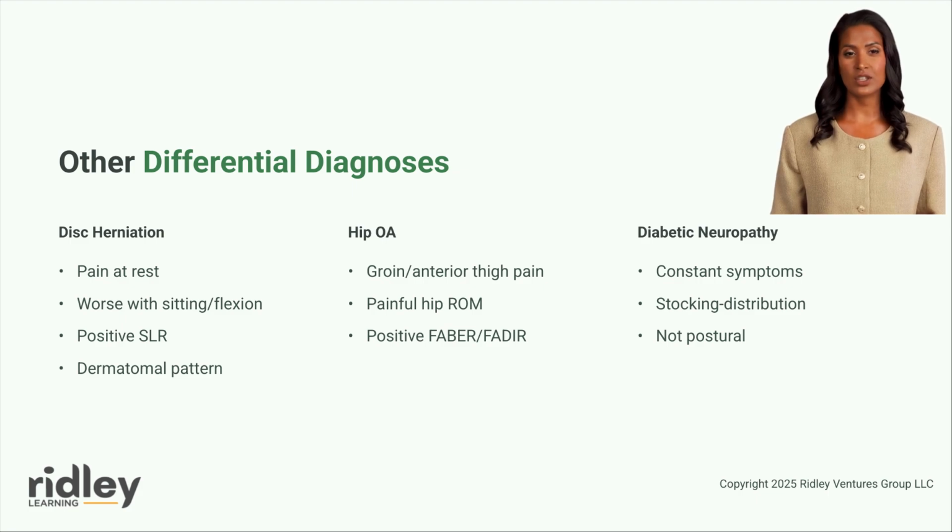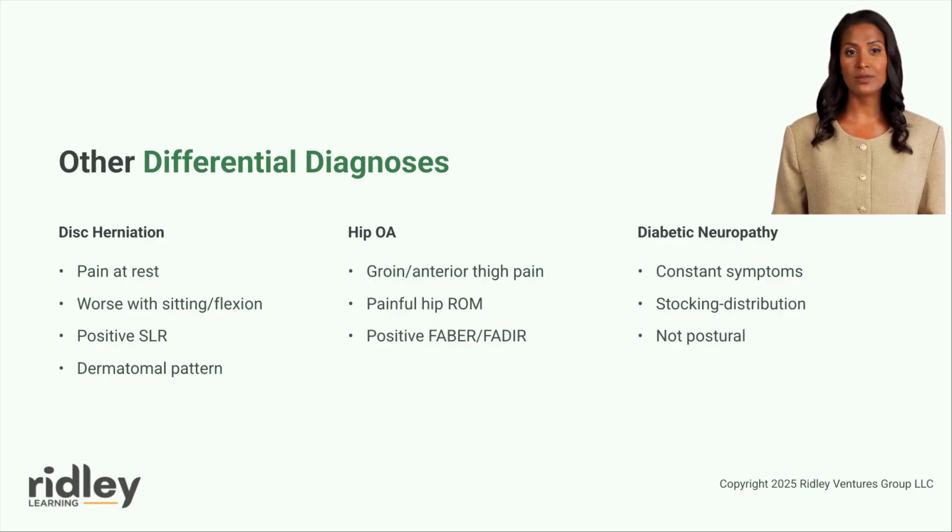The FABER test, which stands for flexion, abduction, and external rotation, and FADIR test, which stands for flexion, adduction, and internal rotation, help identify hip joint pathology. Given the high prevalence of both hip osteoarthritis and lumbar spinal stenosis in older adults, concurrent diagnosis is common, and both conditions may contribute to functional limitation.